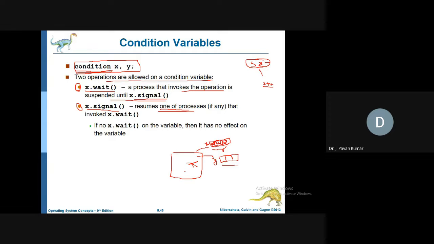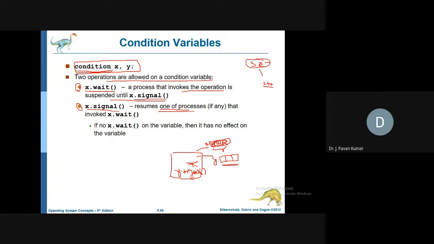Suppose we consider this queue as empty, and we have given y dot signal. Try to understand why: the queue is empty, that is, no process is suspended, and still y dot signal has been given. The operation of signal is that one of the waiting processes on that particular condition should be resumed, but we don't have any process.